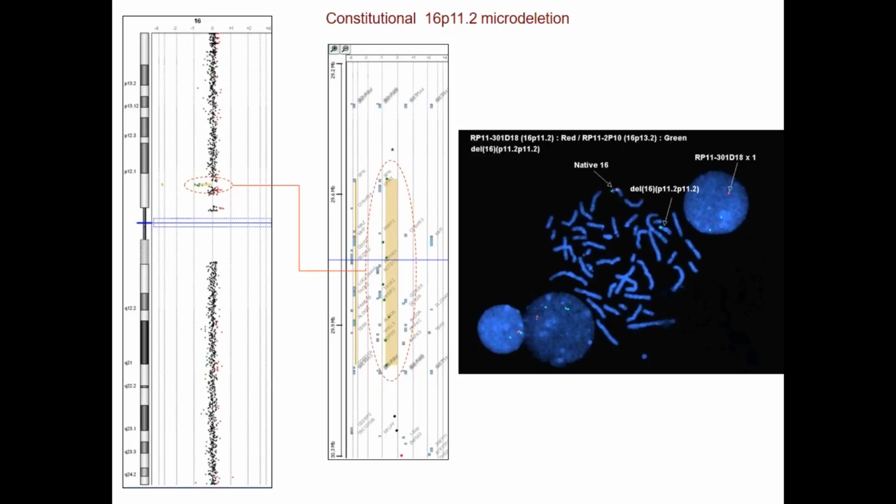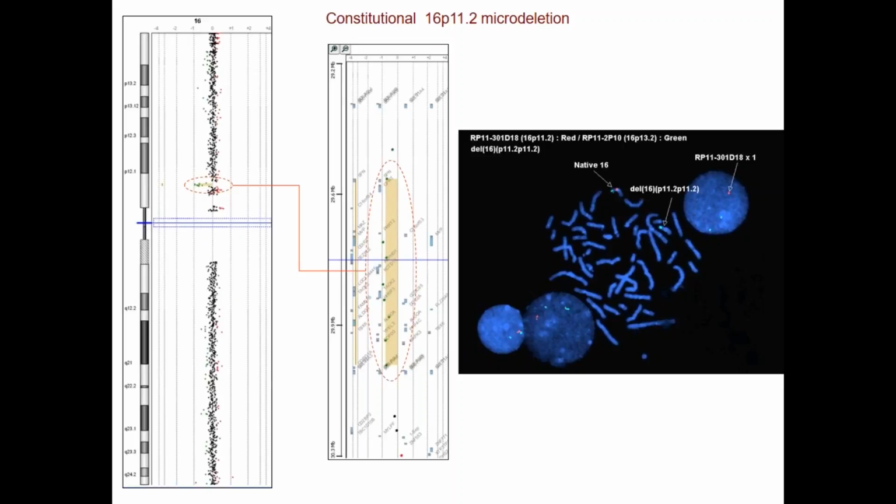Each dot here on the plot represents one of the oligos on the array. So you can clearly see there is a region where there are multiple oligos that are shifted towards the left side. This is that deletion, the 16p11.2 microdeletion, and this is a zoom on the microdeletion.